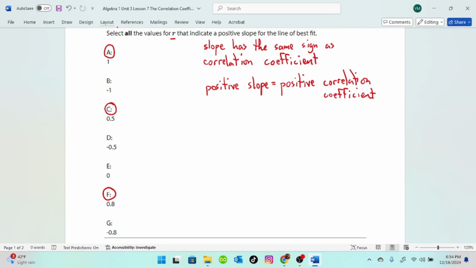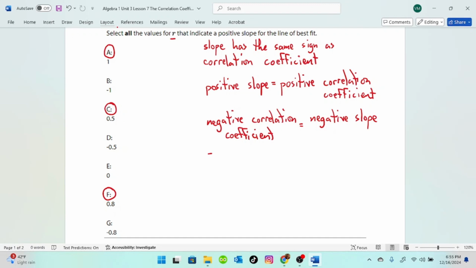If we have a negative correlation coefficient, then we would end up with a negative slope, and that's not what we want.